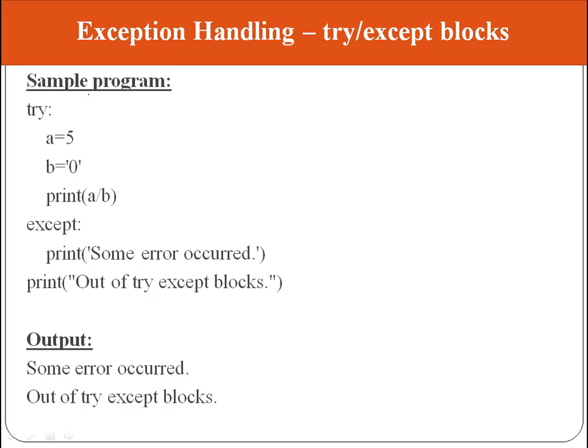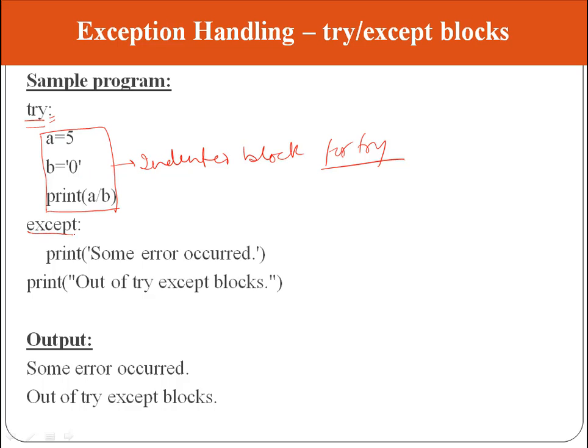Let's see how try and except are used. This is the keyword try, then we put the colon, and the lines of code written inside are the indented block for try. This belongs to try.